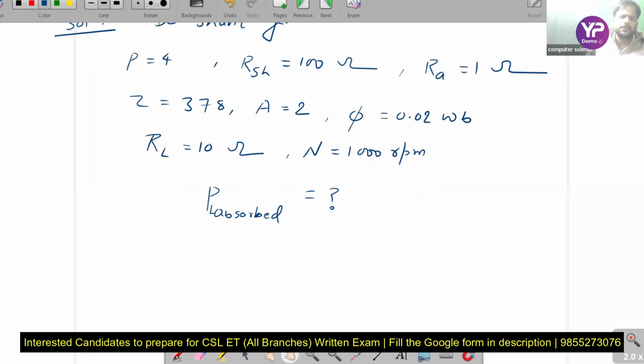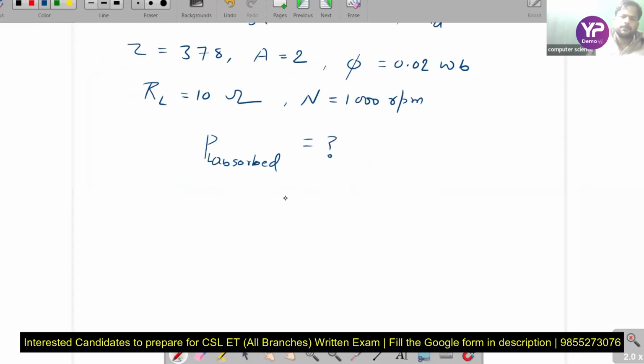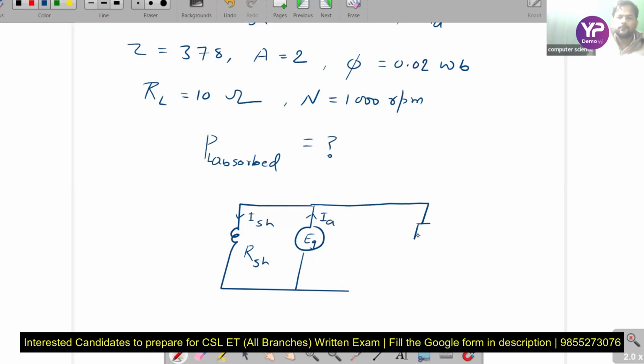This is a shunt machine, so this is the electric circuit.